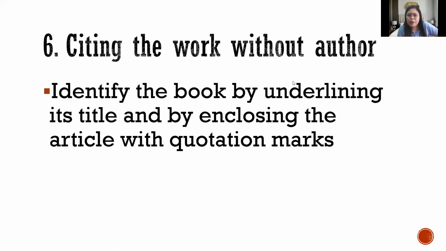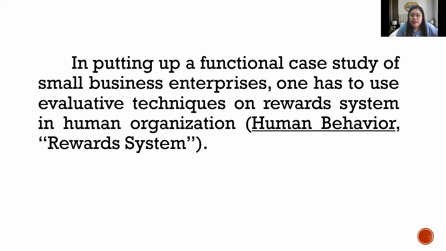Now, citing the work without an author. Paano daw kung walay author? So the first thing that you're going to do is to identify, example, it's coming from a book. Identify the book by underlining its title and by enclosing the article with quotation marks. So example, wala siya author and then wala ta year of publication. This is how you do it: In putting up a functional case study of small business enterprises, one has to use evaluative techniques and reward systems in human organization.